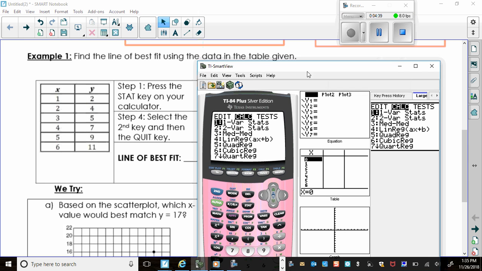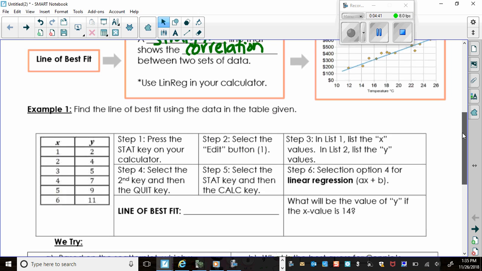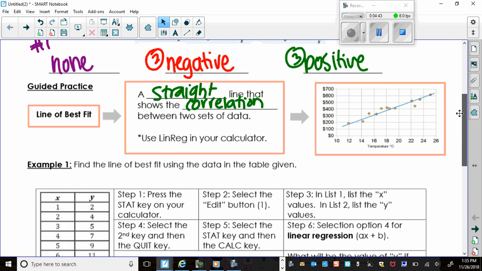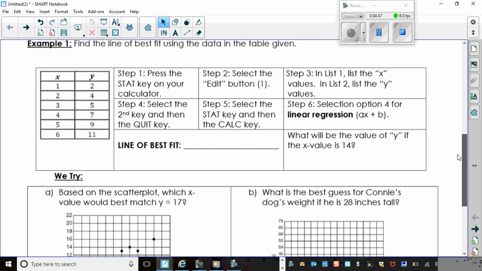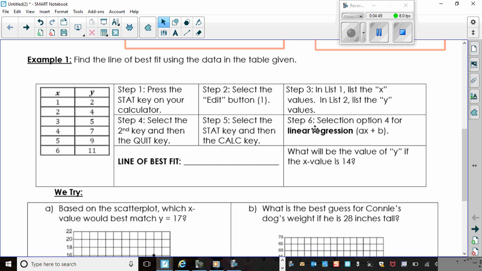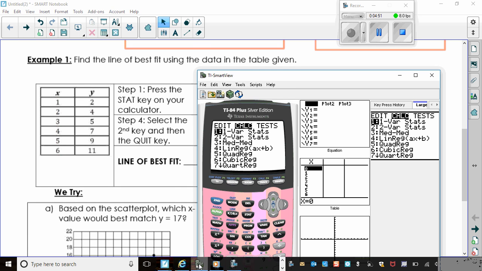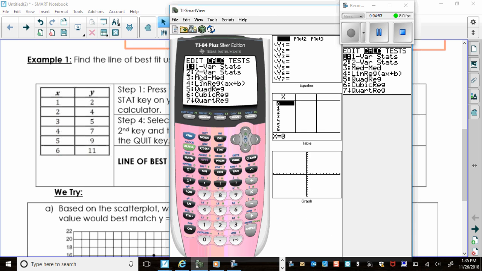Now, if you looked at the notes before, it said that we were going to use LinReg. We're going to use the linear regression. So going back to my calculator, I want to look at number 4, LinReg, because I want something that gives me the slope and the y-intercept. That's what the slope-intercept form gave us, a line.